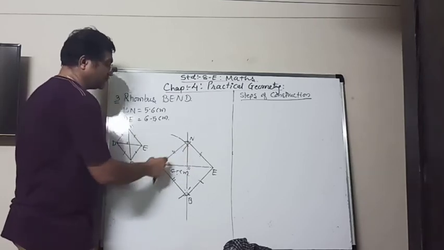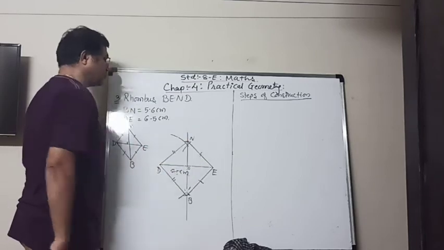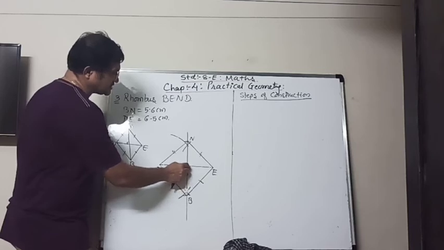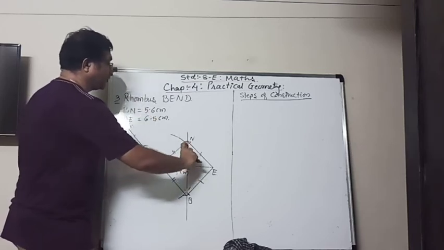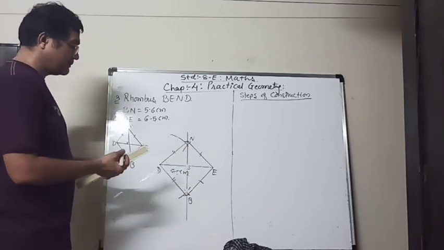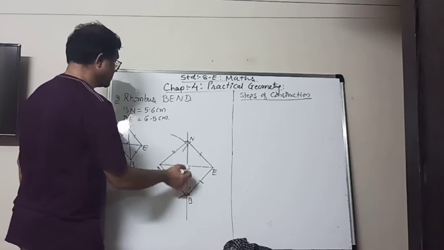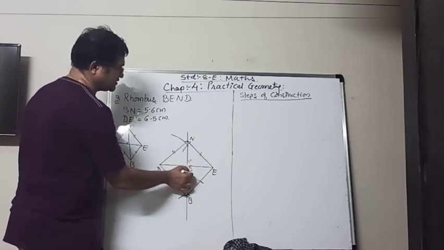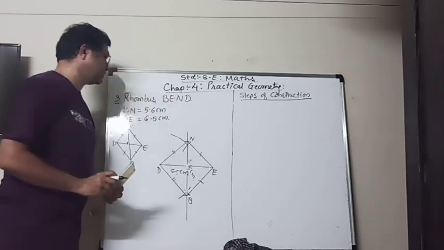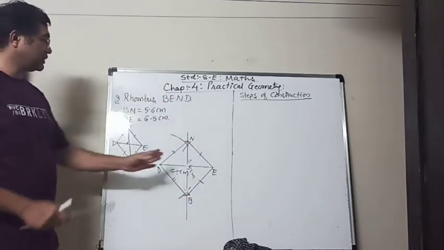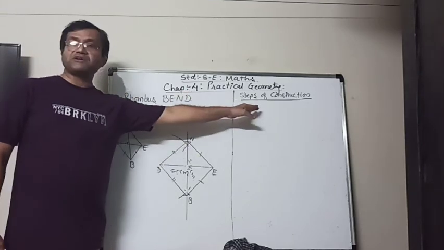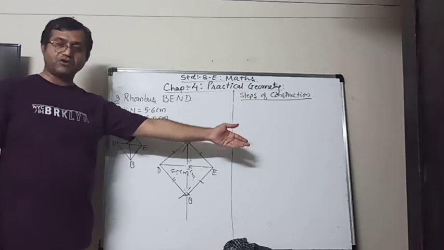Therefore, I take 6.5 here, then perpendicular bisector, and then from the intersection point, half of this on both sides, and therefore we get the other 2 points, and by this way, then you can write down the other, like 5.6 centimeter. No other measurements are given. So here we can do like that. So the steps of construction are easier. You can write down yourself.